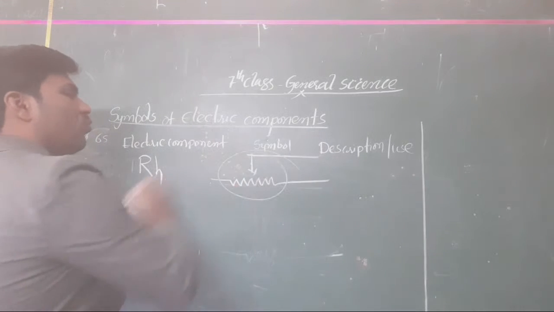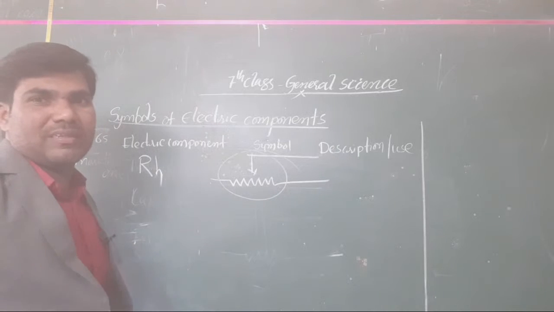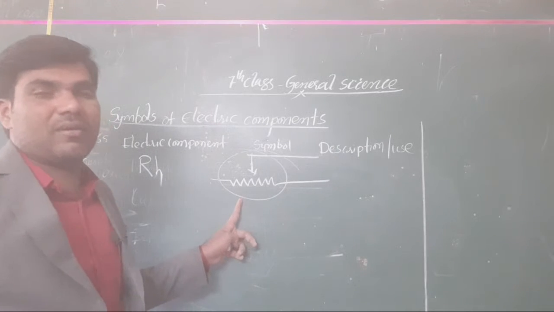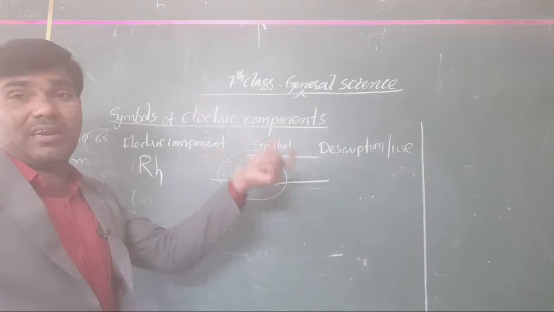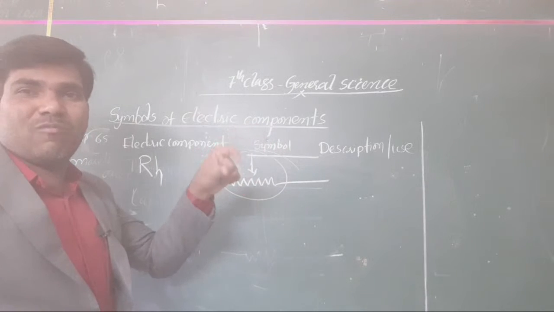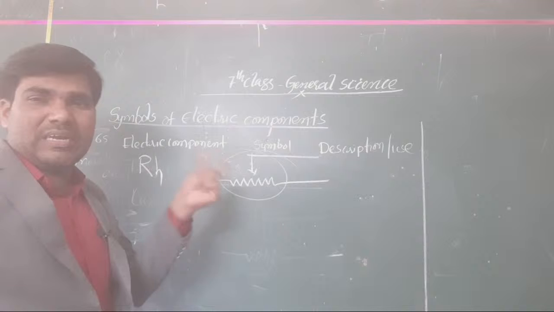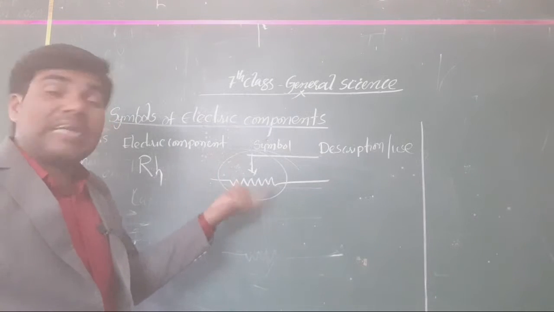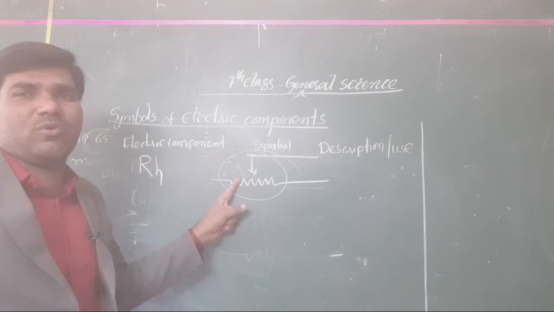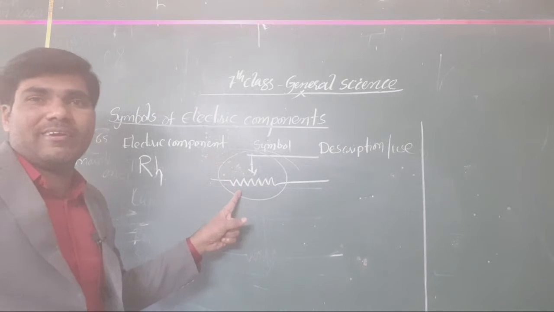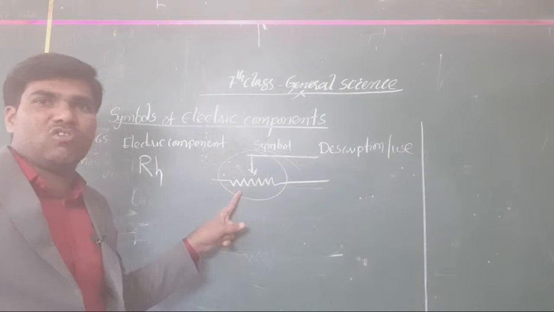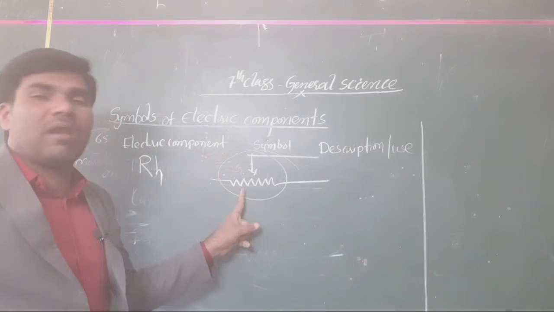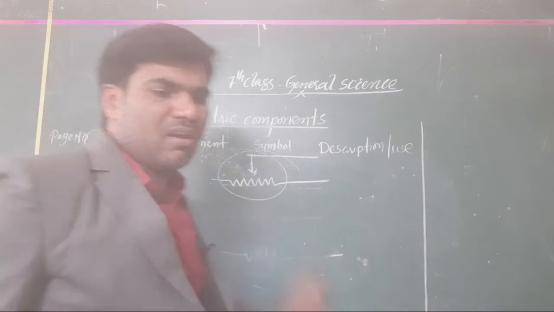That is done using this instrument called a rheostat. Okay, clear? In our accelerator and in the fan, it works based on this only. We increase the current in our circuit, or decrease the current in the circuit, by using one particular instrument. This is called a rheostat. The rheostat is symbolized like this. Okay, clear or not, all of you?